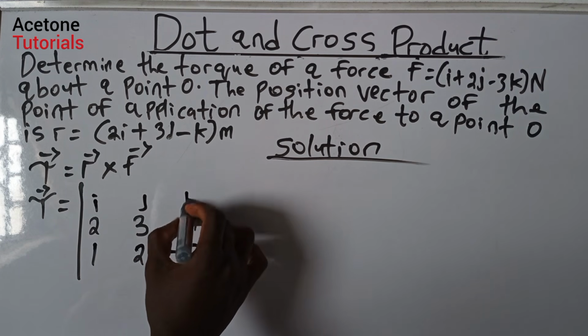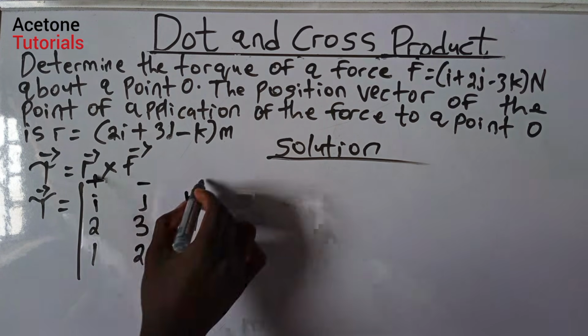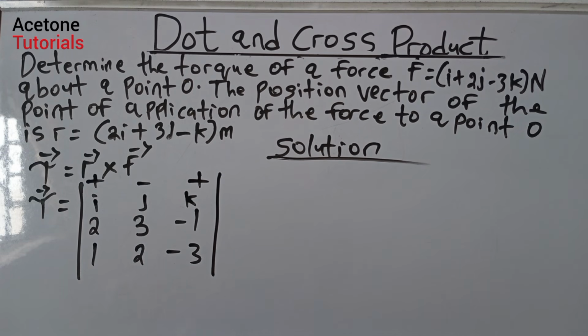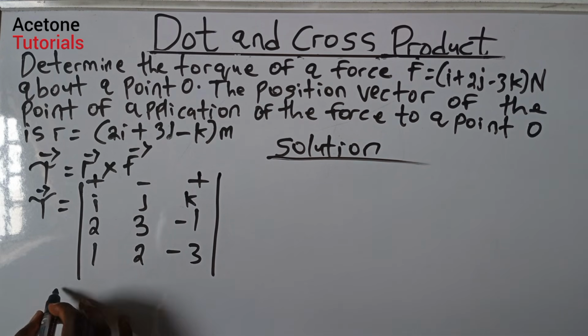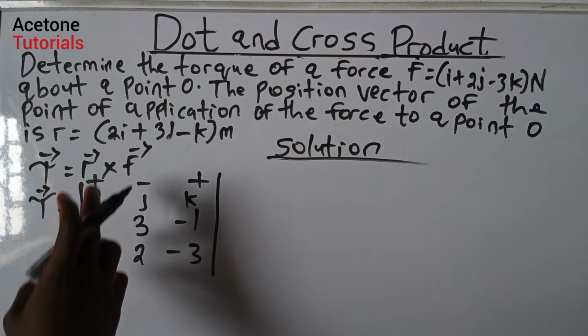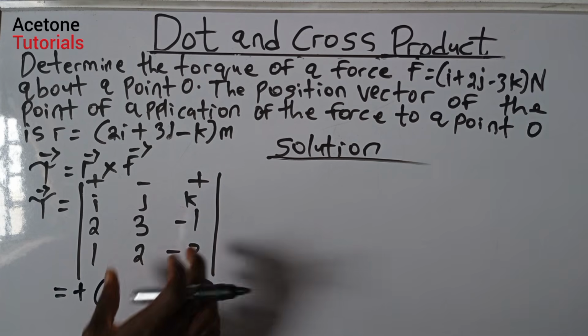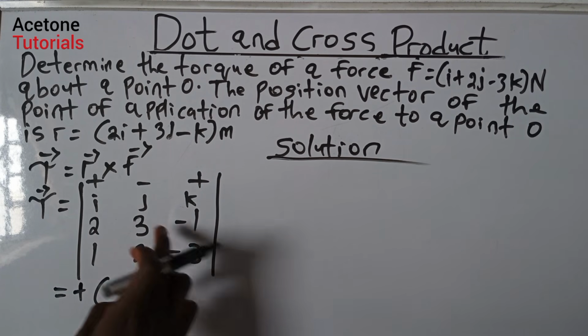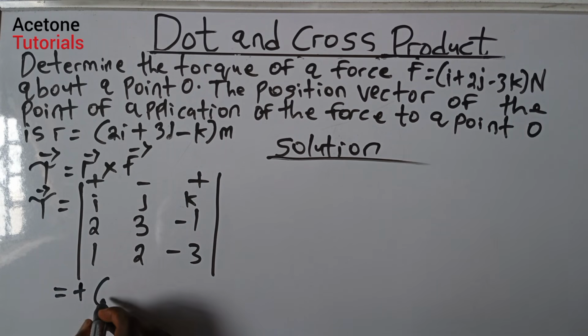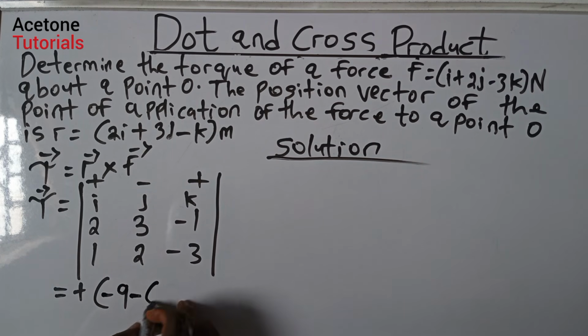I, J, K, plus, minus. So let us do the matrix. So I plus. Now ignore what is under I. Then find the determinant of this. 3 times minus 3 is minus 9. Minus 2 times minus 1, which is minus 2.